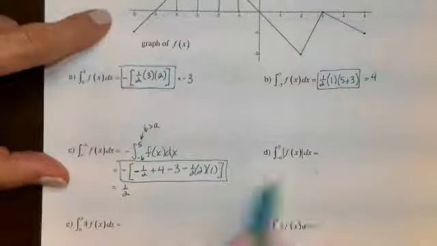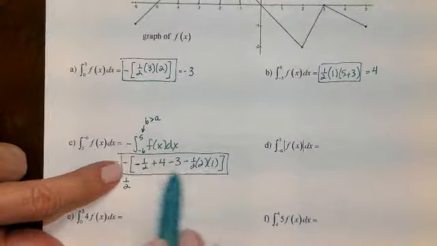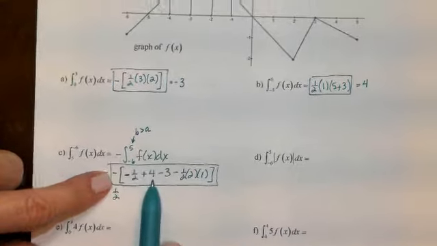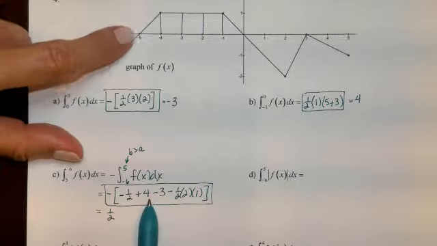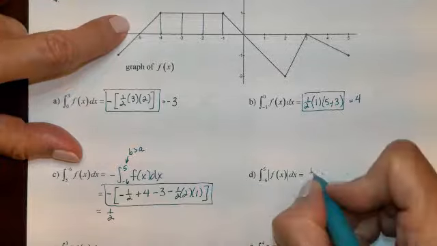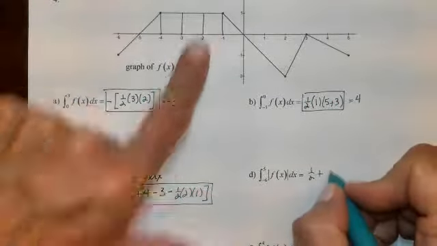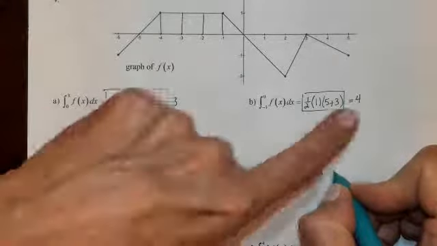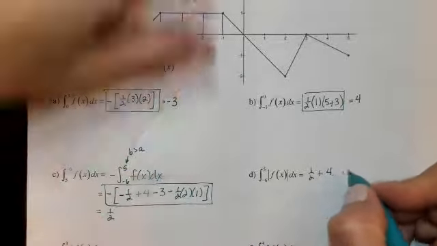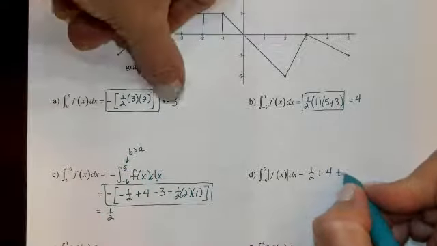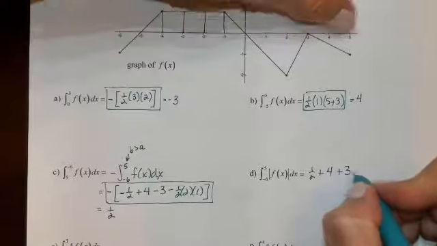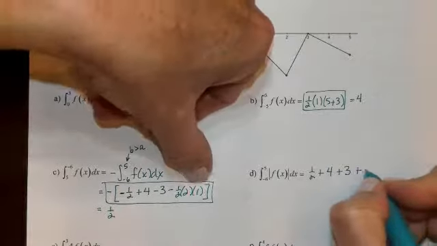So we will be taking all of these values, but they're all going to be positive. So this first little area would be a positive 1/2. The next part would stay a positive 4. The next piece would be a positive 3, and the last piece would be a positive 1.